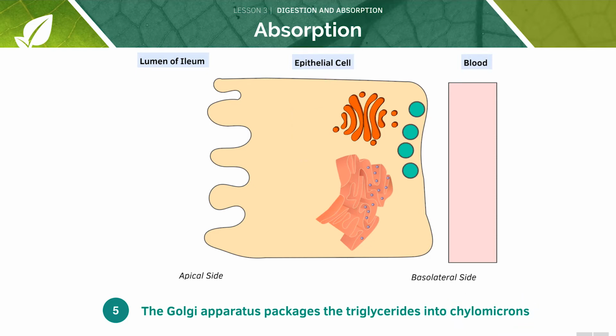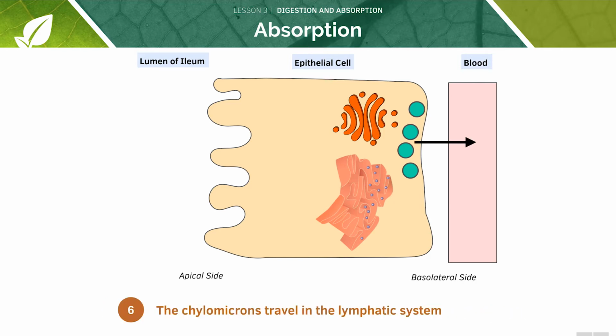These will pass out of the cells of the villus and into the surrounding tissue fluid via exocytosis. The exocytosed chylomicrons will enter into the lacteal vessels and circulate in the lymphatic system. They can enter the circulatory system by draining into the left subclavian vein from the thoracic duct of the lymphatic system.